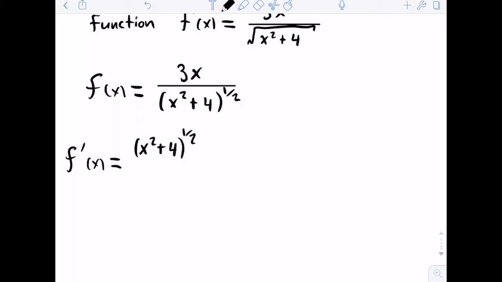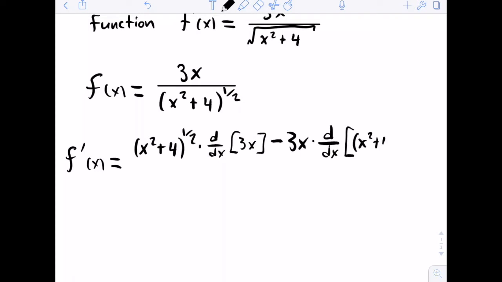So here's the low times the derivative of the high thing, minus the high thing times the derivative of the low thing, x squared plus 4 square root, all divided by the bottom squared.